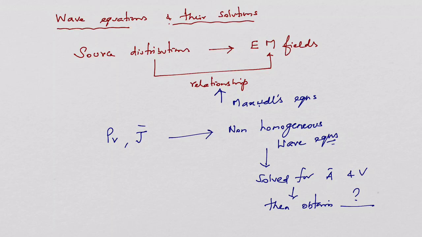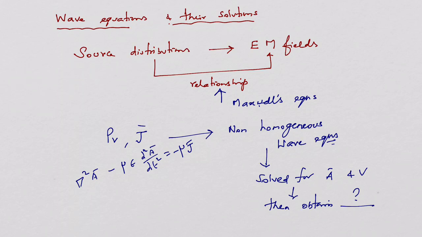Non-homogeneous wave equations, what do they refer to? Del squared A minus mu epsilon dou squared A divided by dou t squared is equal to minus mu J. This is the first non-homogeneous wave equation.